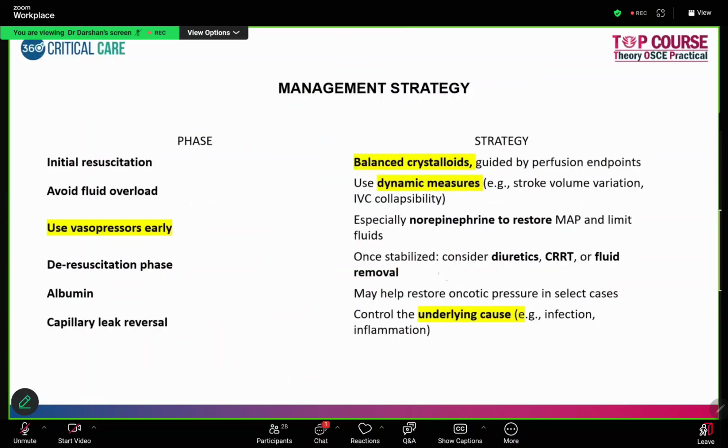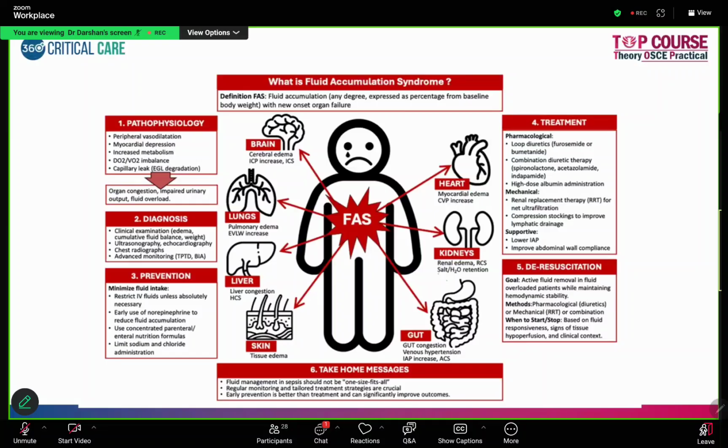Just remember this. If at all the question is asked, to summarize: it starts with initial resuscitation, balanced crystalloids over colloids. Dynamic measures should be taken. Early vasopressor therapy, the VANISH trial, SEPSISPAM trial, ANDROMEDA-SHOCK trial. Resuscitation based on the ROSE concept. Albumin's only role is whenever excessive fluid is required. Always keep a watch, because if you don't, the patient can end up in a fluid overload state.